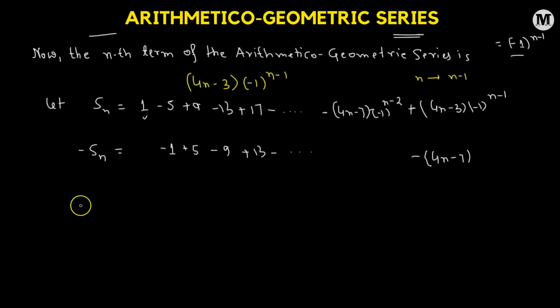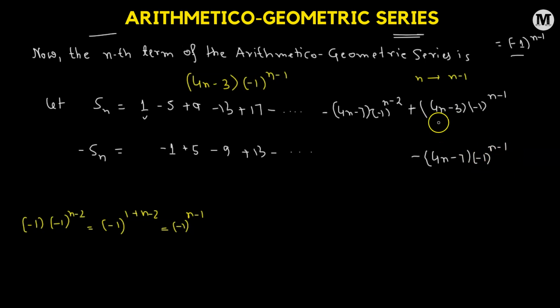Using the law of exponents, negative 1 multiplied by negative 1 raised to the power of n minus 2 is simply negative 1 raised to the power of 1 plus n minus 2. So that gives us negative 1 raised to the power of n minus 1. Fine. So that means we have negative 4n minus 7 multiplied by negative 1 raised to the power of n minus 1.